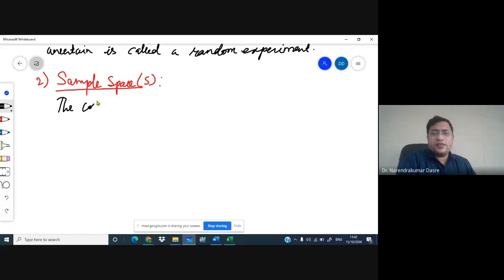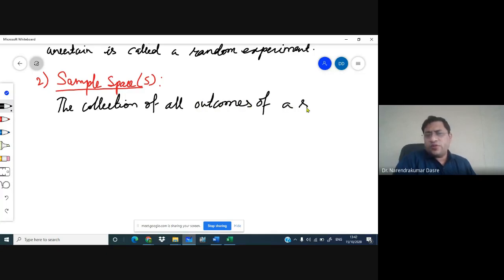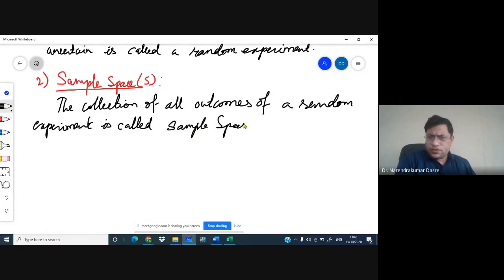Sample space is the collection of all outcomes of a random experiment is called sample space.